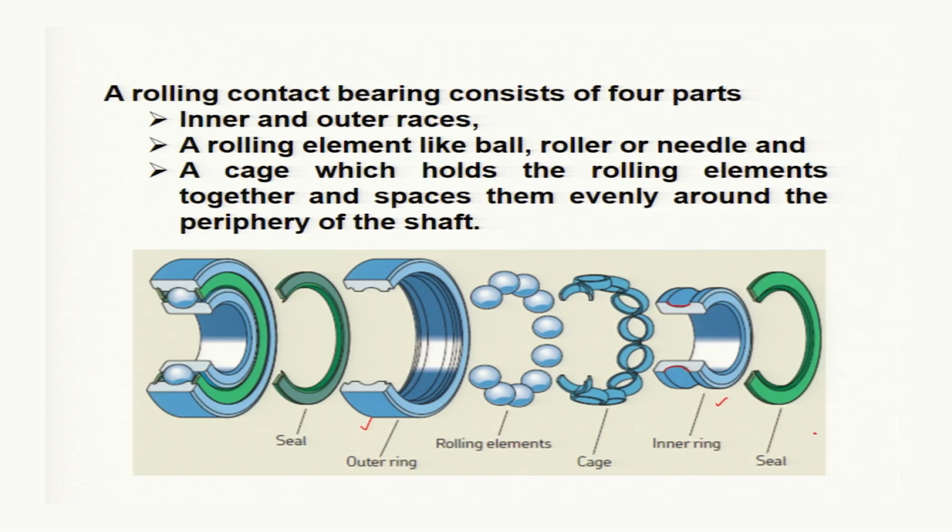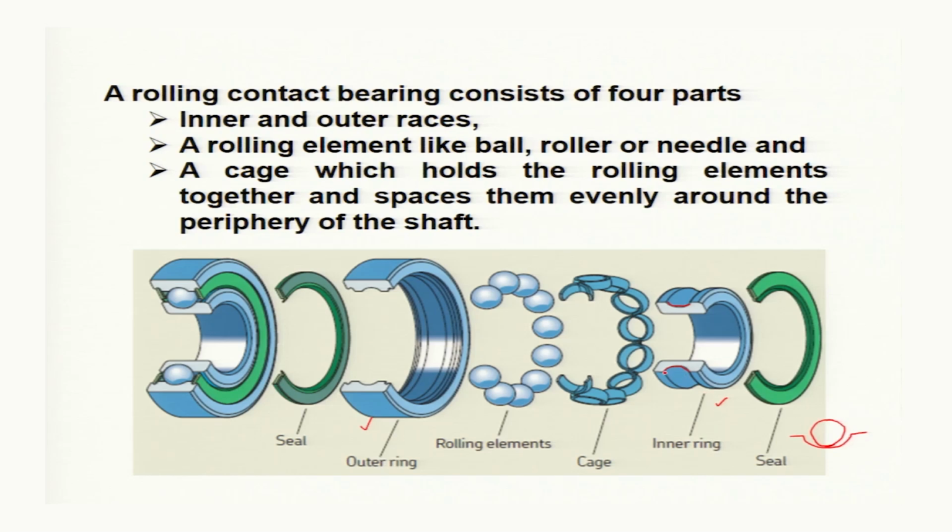Well, you may see like this, this curve will be in the inner race, and your ball will be resting here. Okay. And there will be a point contact or line contact depending on the type of rolling element bearing.